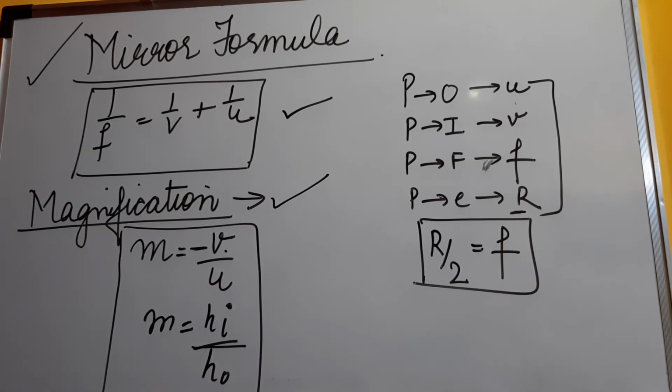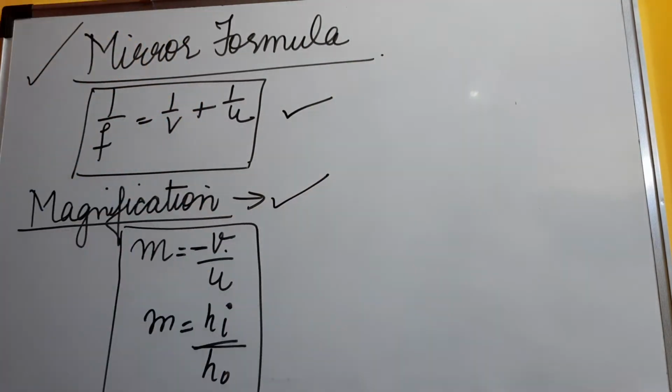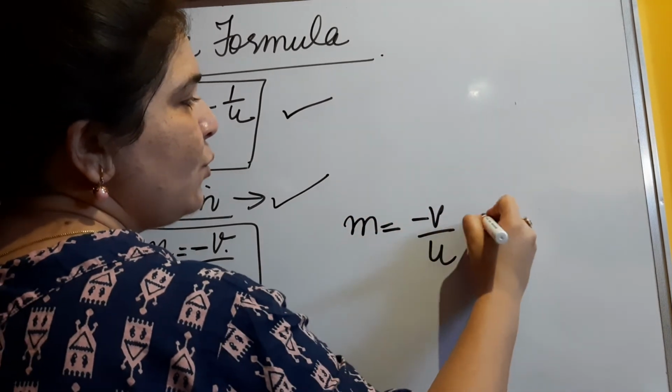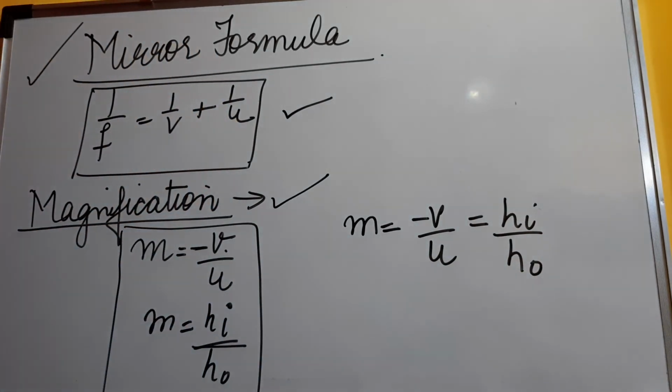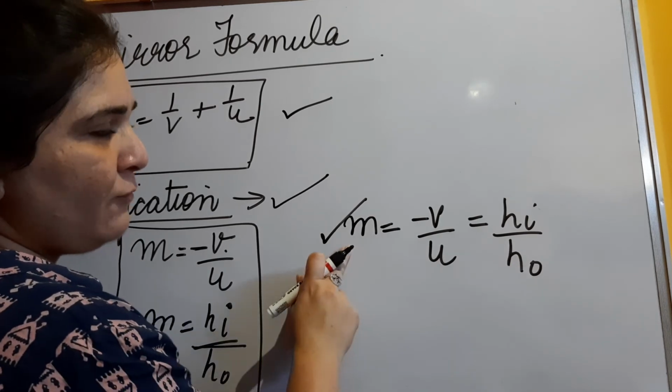The important thing over here is you might come across a few questions wherein you will have to use both the formulas together. How are you going to use it? You will write m = minus v by u = height of image by height of object. Why have I written magnification? Because these two formulas are for magnification.